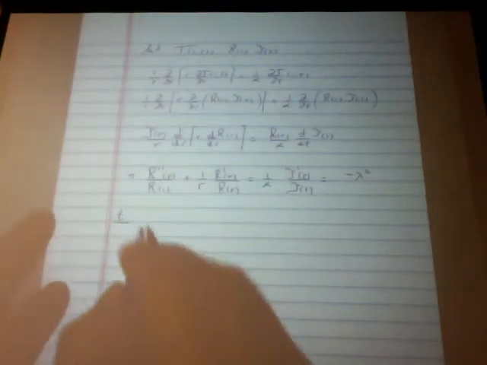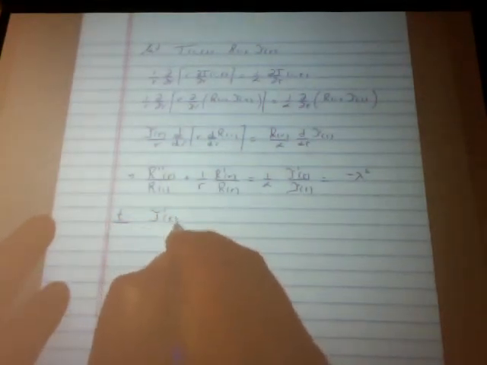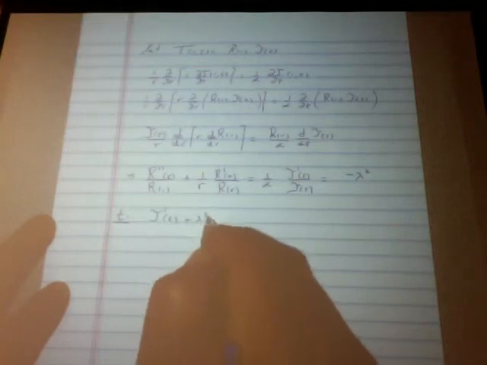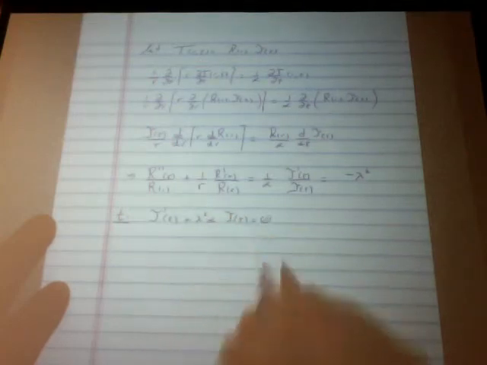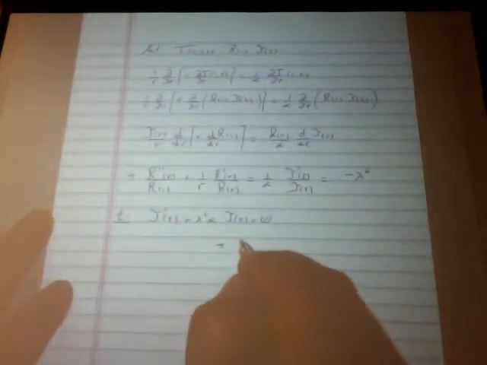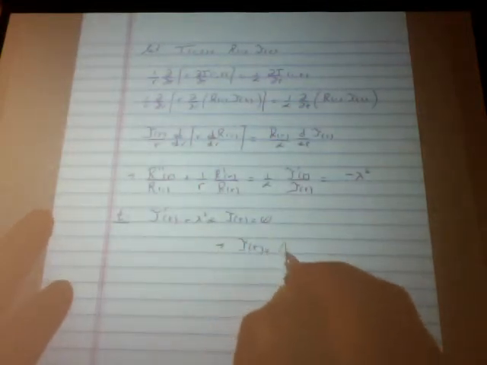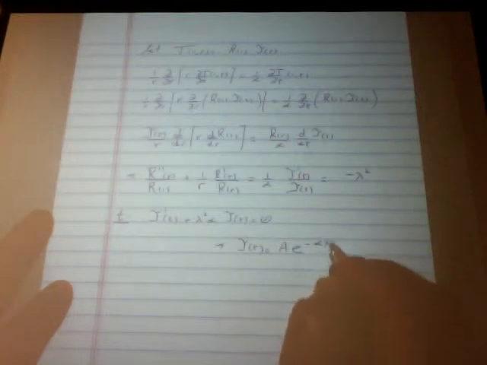So the time problem looks like, which results in tau of t equals A times e to the minus alpha lambda squared t.